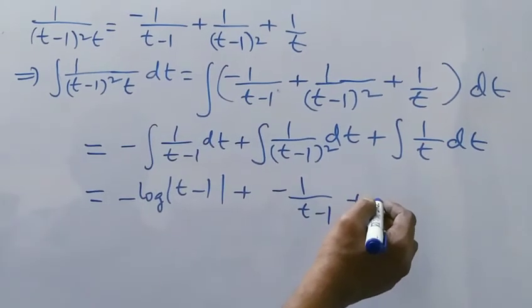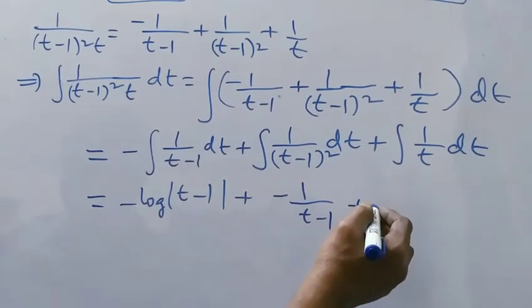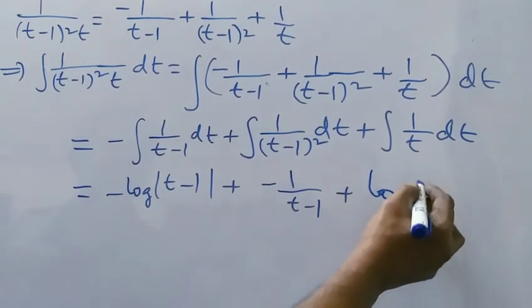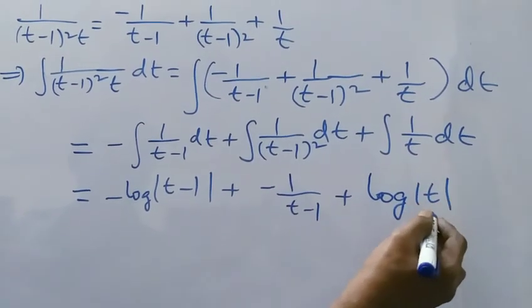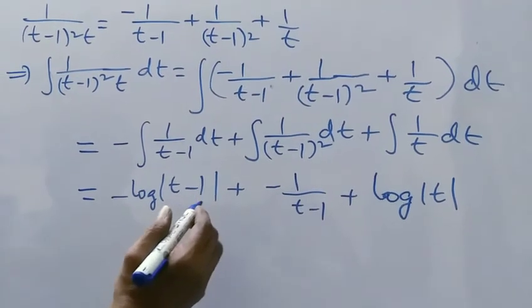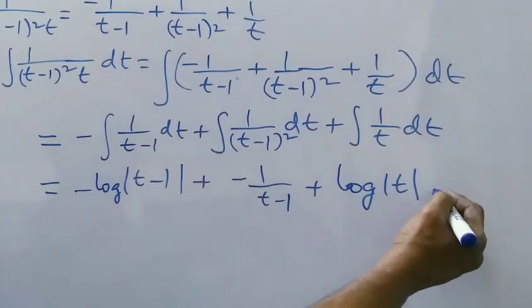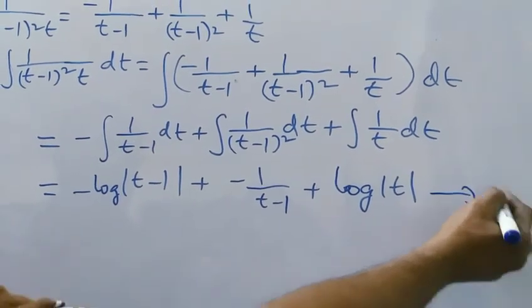Since integral of 1 by x dx is equal to log modulus x, it becomes log modulus t. It indicates the second one.